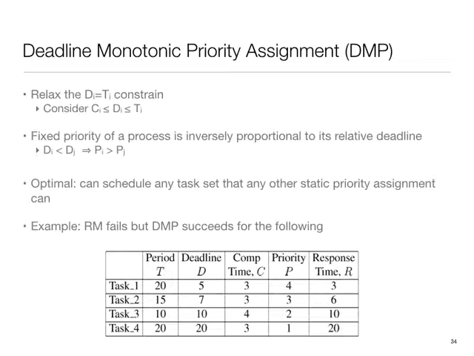It turns out that the extension to this case is again very straightforward. I'm offering it without any proof at all. The extension simply is that you give priorities in order of the deadlines. Remember, this deadline is a relative deadline.